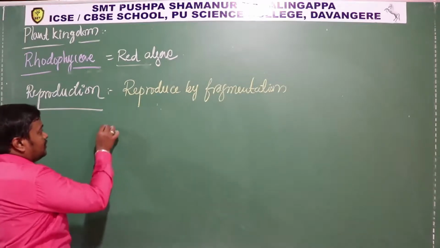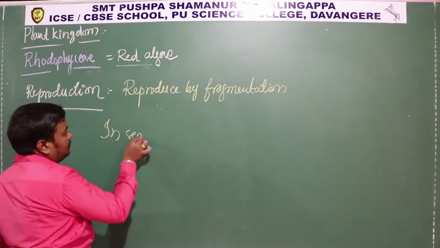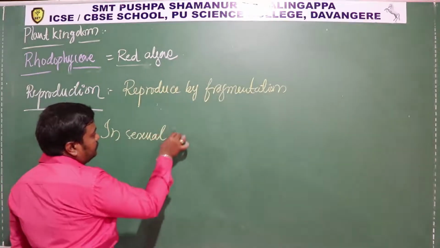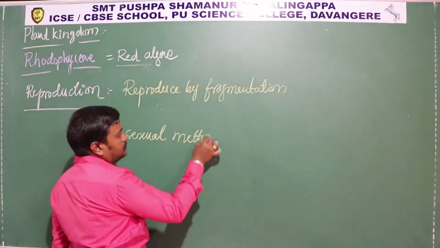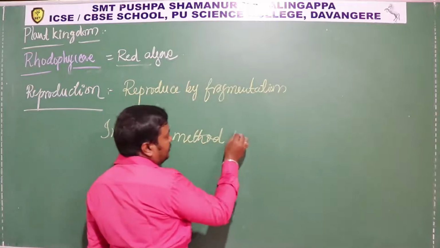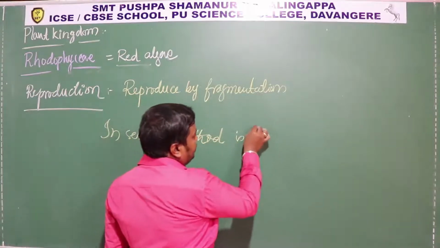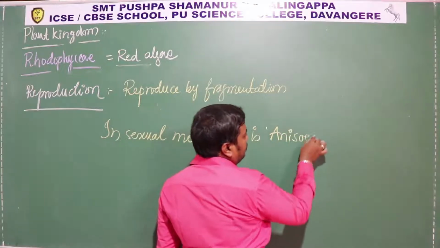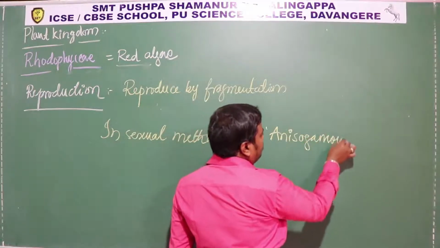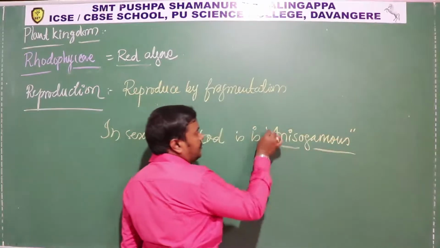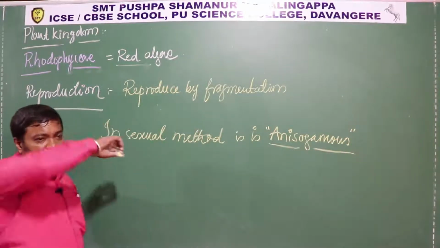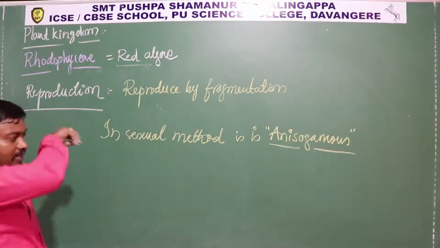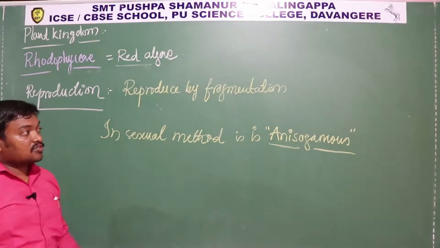So in the sexual method, it is anisogamous. Okay, anisogamous, we have already discussed what is anisogamous.